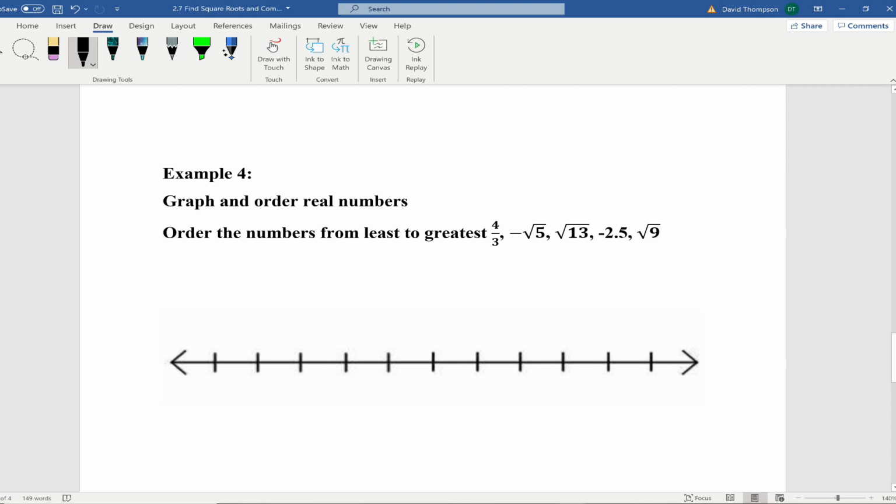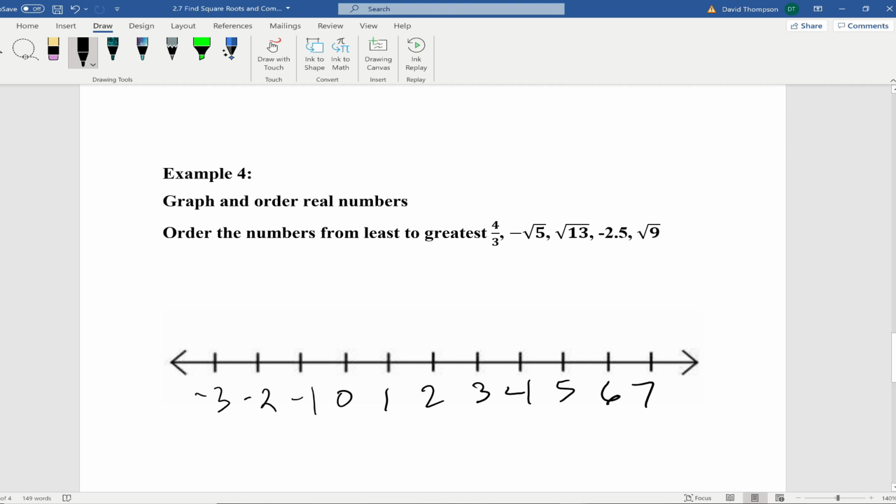And example 4 says graph and order real numbers. So order numbers from least to greatest. We have 4/3, negative square root of 5, negative square root of 13, negative 2.5, and square root of 9. So first, let's number our number line. So we'll start with negative 3, negative 2, negative 1, 0, 1, 2, 3, 4, 5, 6, and 7.